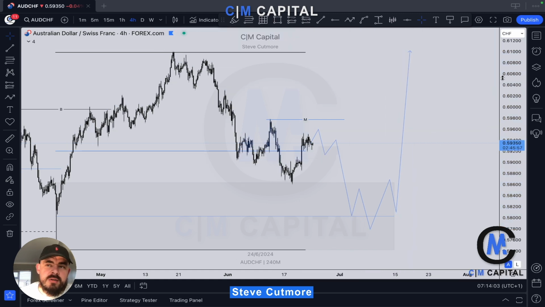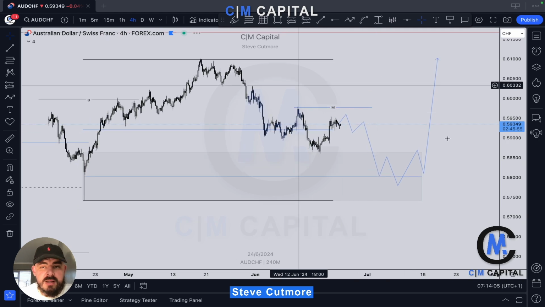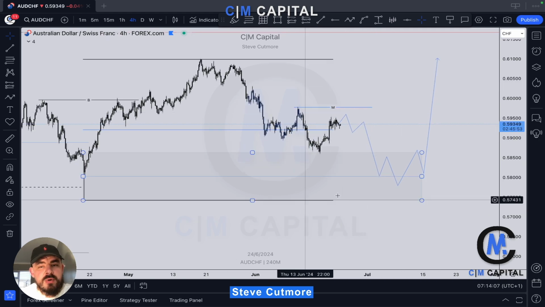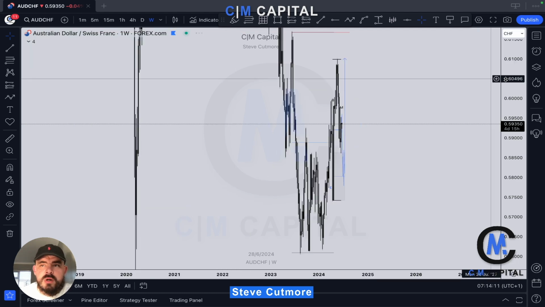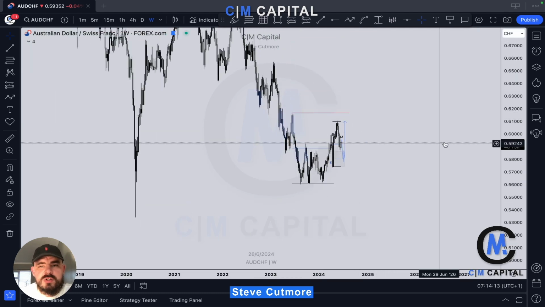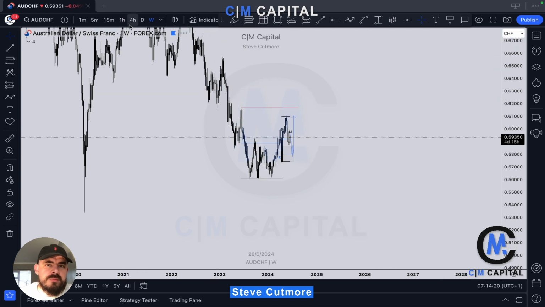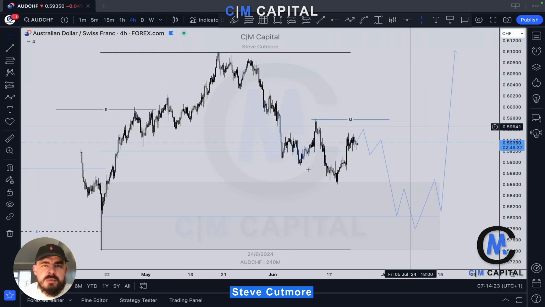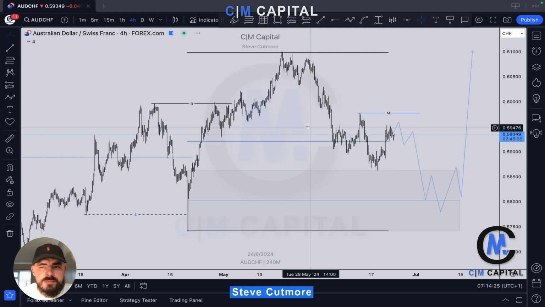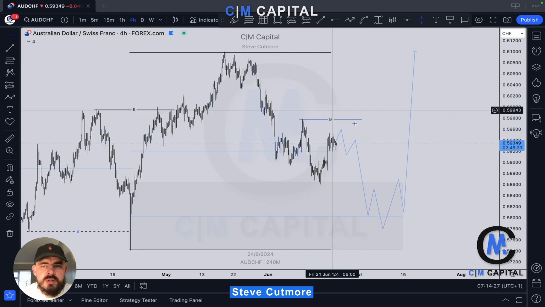And then another option would be that none of that happens and we just come down and we break this level, because overall on a higher time frame we are pretty bearish until this invalidation level here is broken. So we're at quite an important area at the minute on this pair, because it can really go either way on this one.